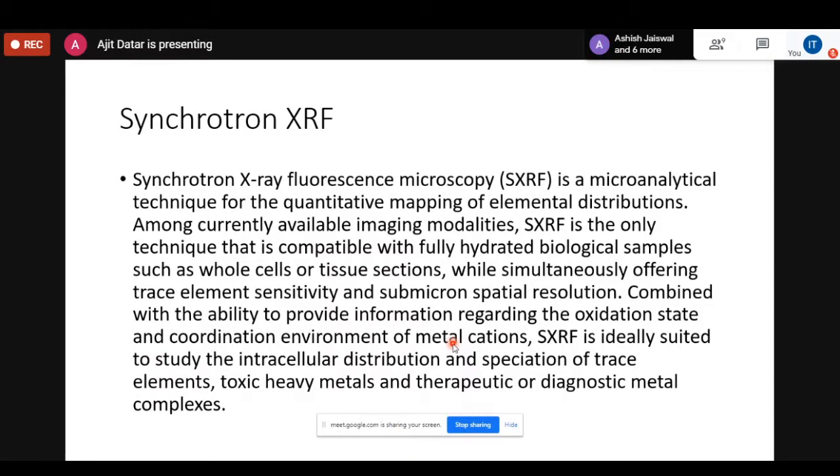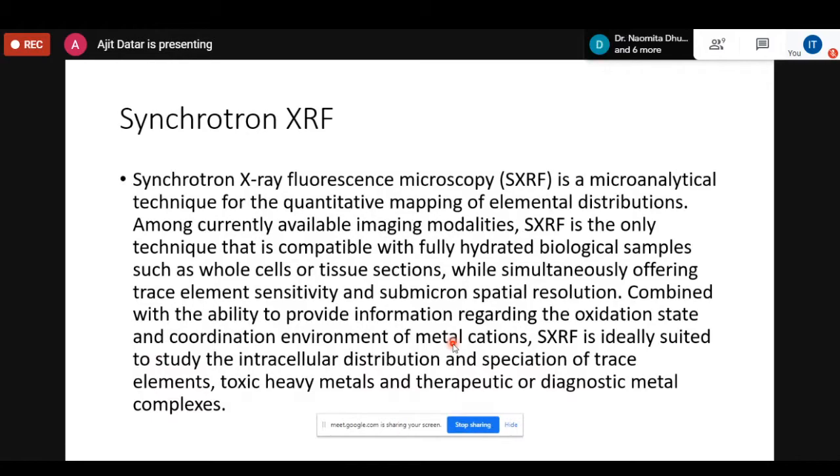So this synchrotron X-ray fluorescence microscopy gives you an image. It can give you a microanalytical technique for the quantitative mapping of elemental distributions. Among currently available imaging modalities, XRF is the only technique that is compatible with fully hydrated biological samples such as whole cells, tissue sections, etc., while simultaneously offering trace element sensitivity and submicron spatial resolution, combined with the ability to provide information regarding the oxidation state and coordination environment of a metal cation.